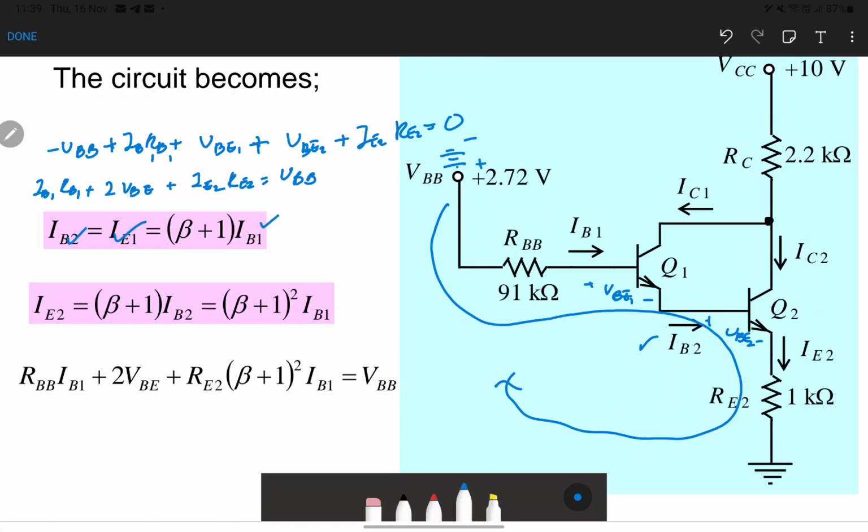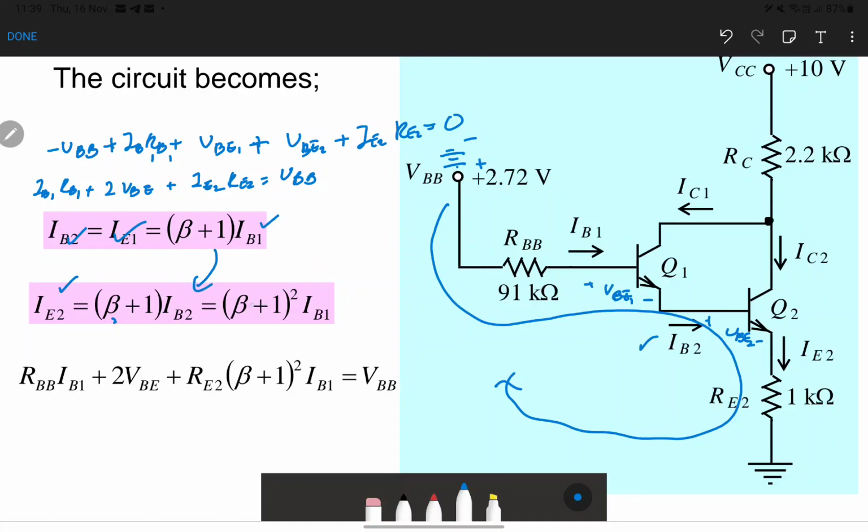So from this IB2 we can find IE2. IE2 is equal to beta 2 plus 1 times IB2, so we just replace the IB2 here.